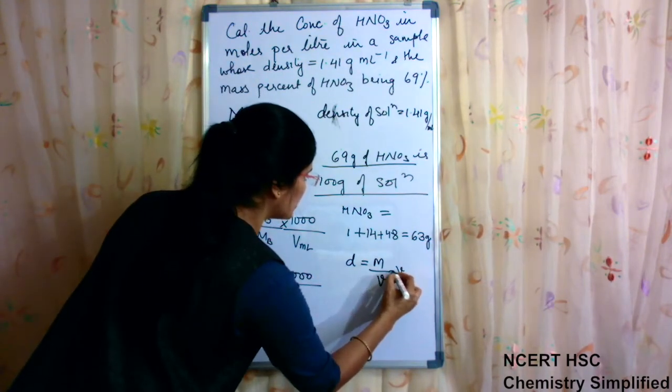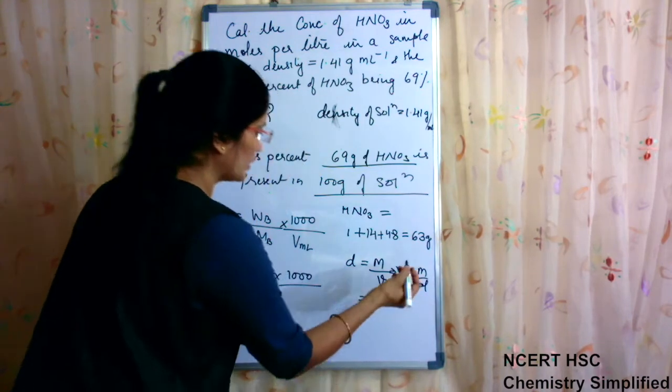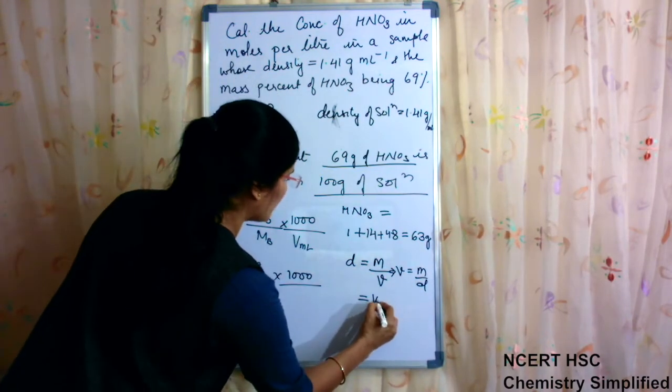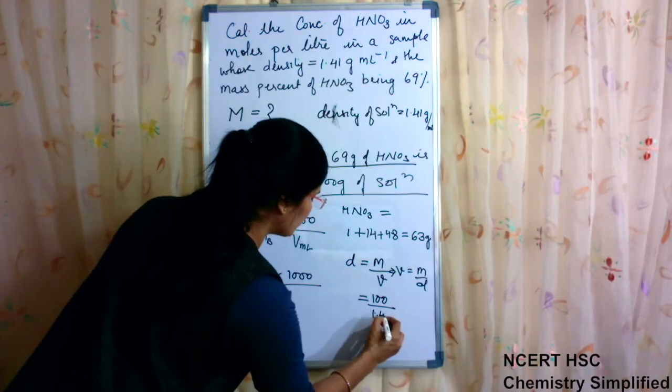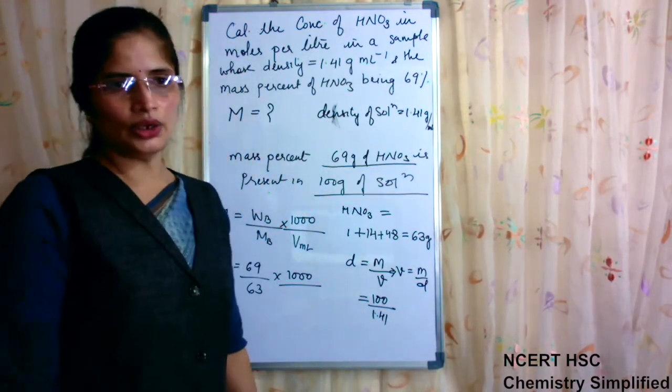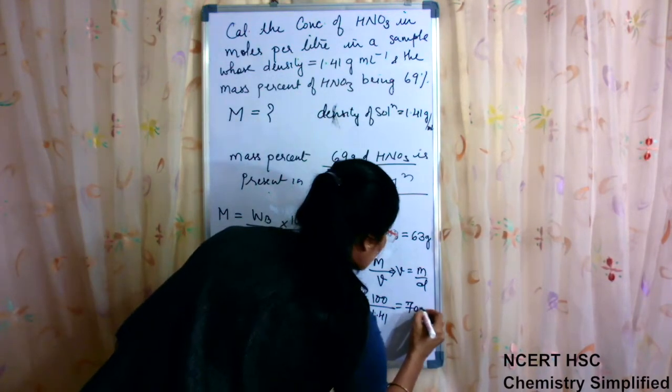So V will be equal to M by D, that is, mass is 100 for the solution and density is 1.41. So this nearly comes to 70.92.